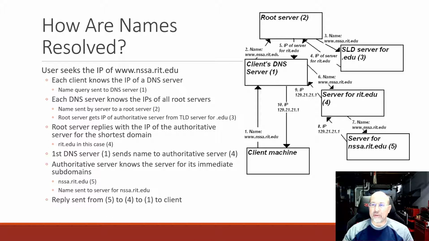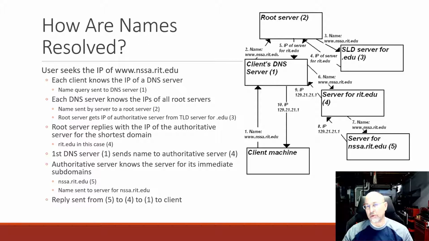So as we follow this example, the server for rit.edu comes back. And then the server that was originally queried, really whoever it is, says, well, we don't know the answer, but here is a server that might. And then that's passed down to that server that has everything for rit.edu.